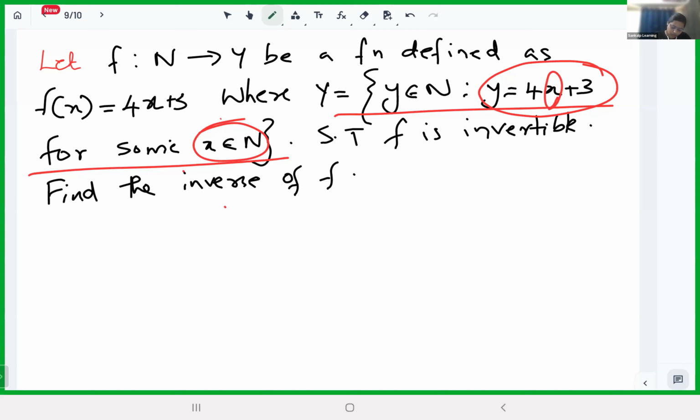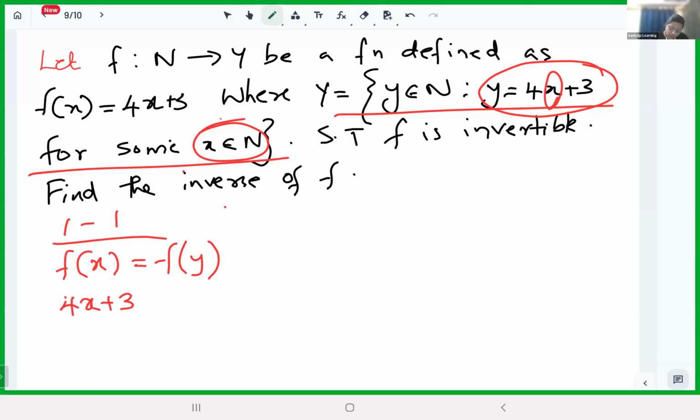First of all, you should consider the 1-1 part. So f of x is equal to f of y, isn't it? Then we have to show that x equal to y. What is f of x? F of x is 4x plus 3, and f of y is nothing but 4y plus 3.